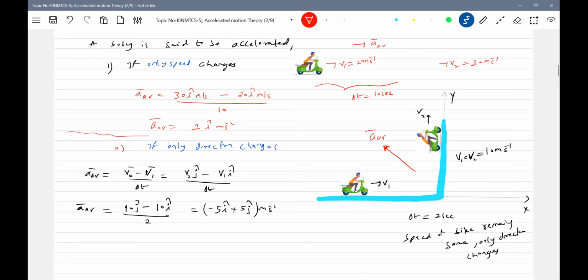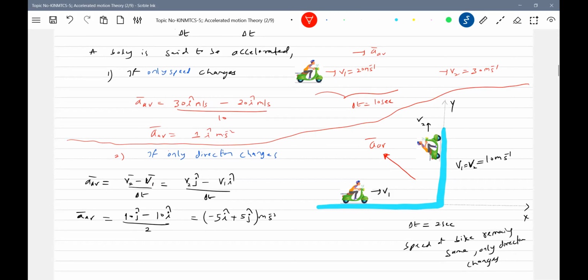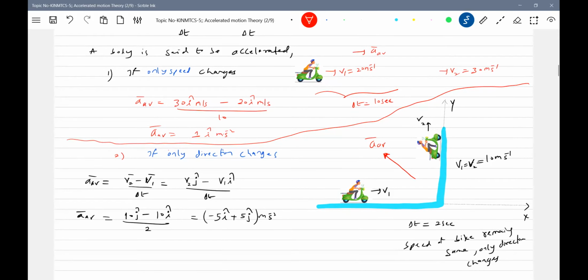In the second case we are discussing, please notice: in the first case, the average acceleration was in the direction of motion. Now it is not in the direction of motion. This acceleration is due to the change in direction of motion and it will be directed in this way. What is the magnitude of acceleration? How to calculate?